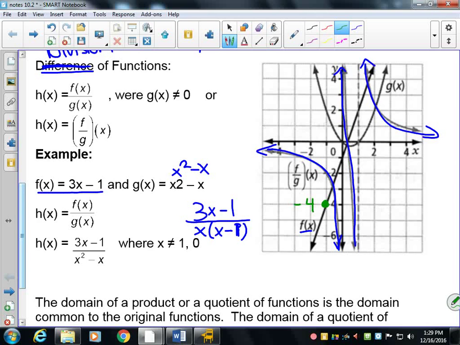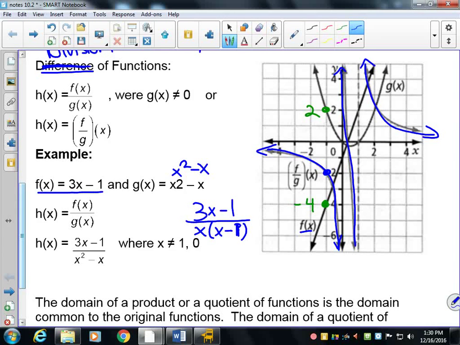Is my parabola. Oh, right here. Is at 2. So what's f divided by g? Negative 4 divided by 2, which is negative 2, which is this point right here, right? I could also do it continuing on over and find every single point, okay?